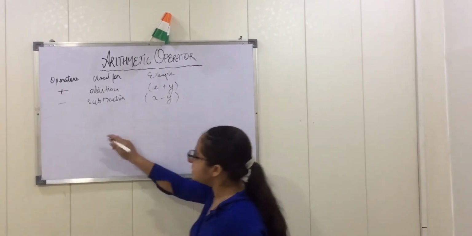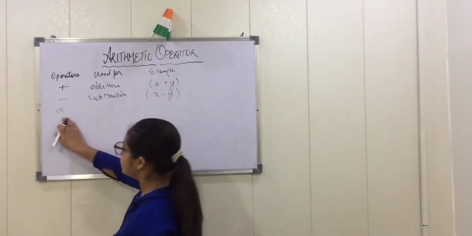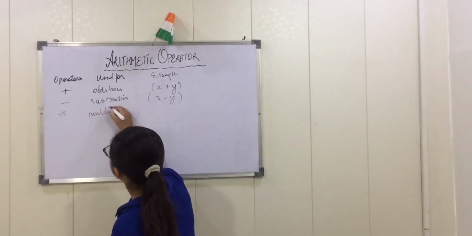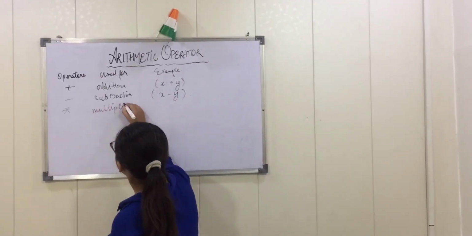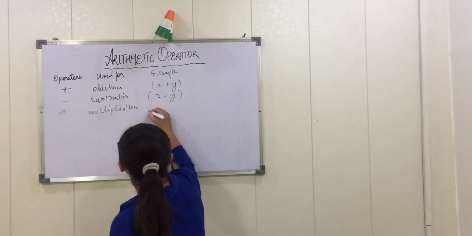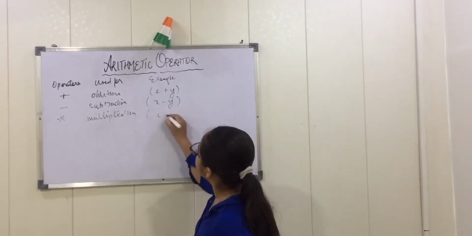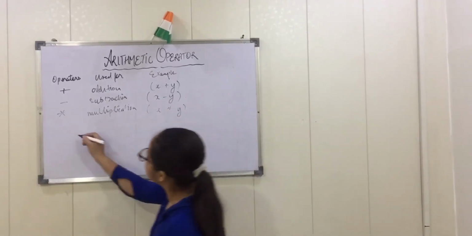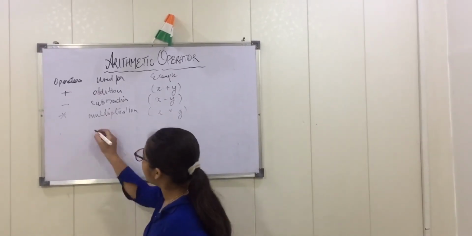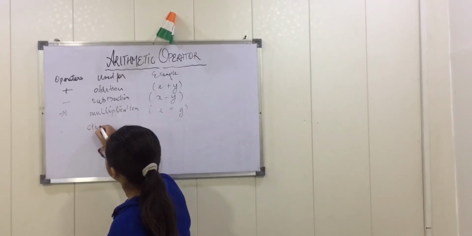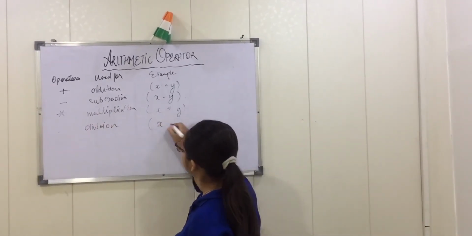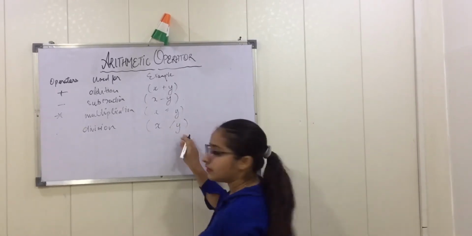The next one is called multiplication, for example x multiplied by y. Next is division, which we can write as x divided by y.